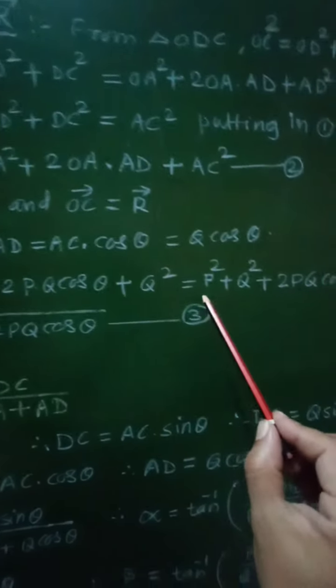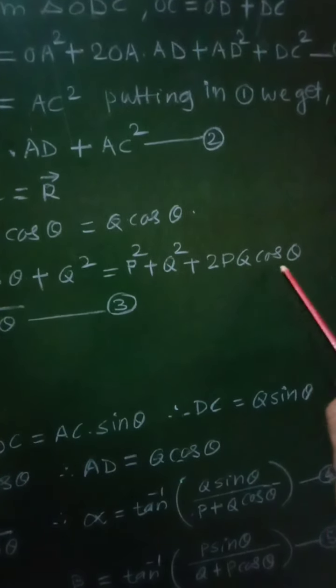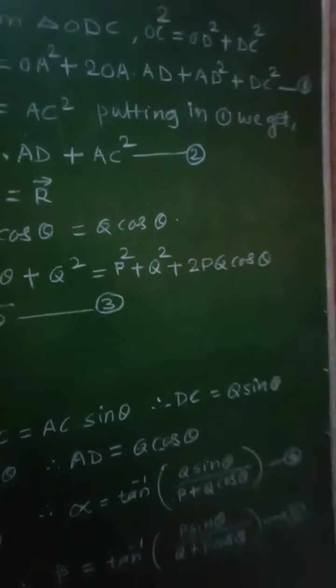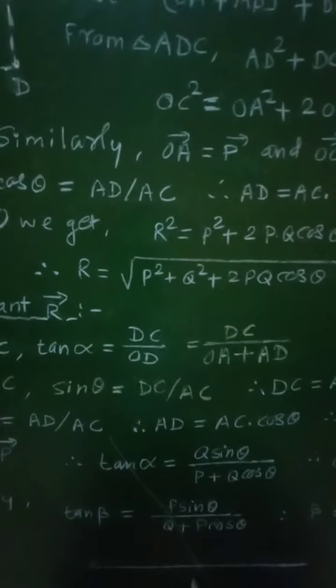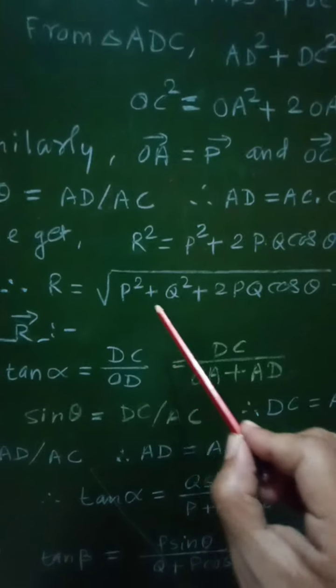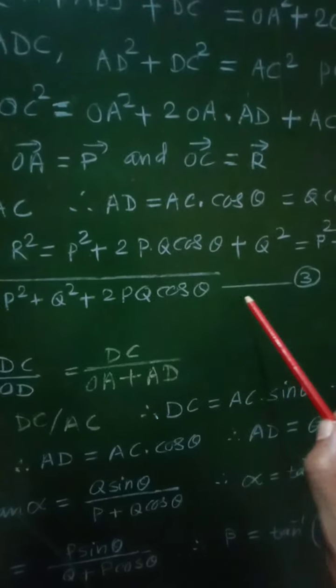Now rearranging the terms, we can write P square plus Q square plus 2 PQ cos theta as the value of R square. Taking square root on both sides, we will get R is equal to root of P square plus Q square plus 2 PQ cos theta, equation number 3.